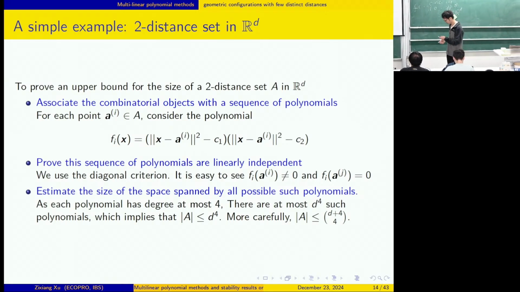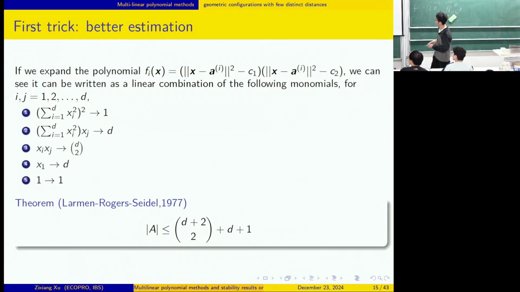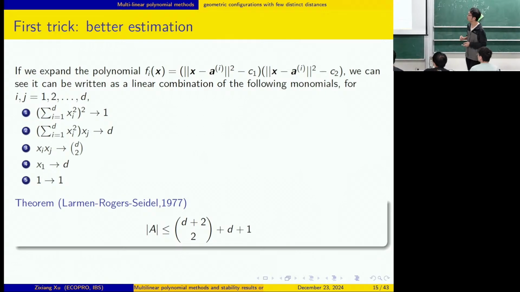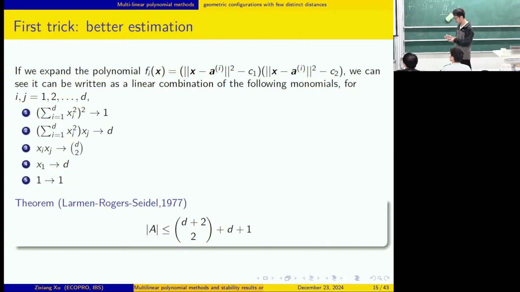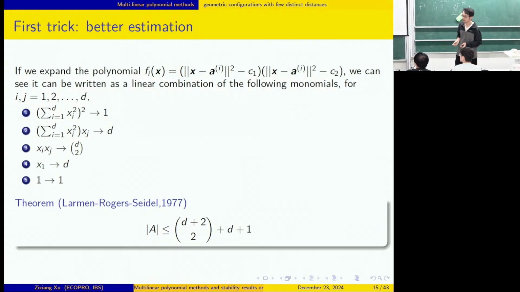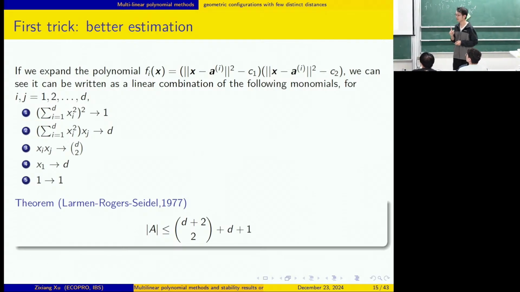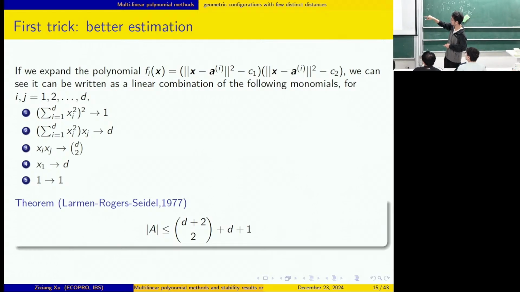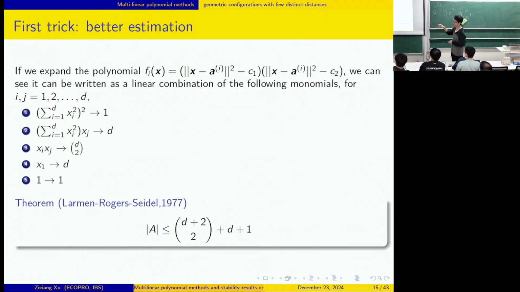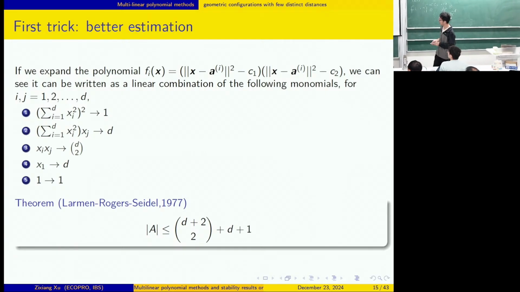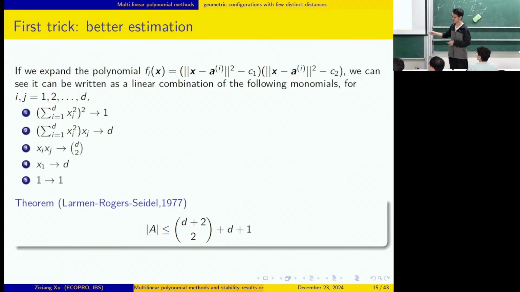But actually, suppose you further expand this polynomial, then you can see that such a polynomial must be a linear combination of the following monomials. There are possibly 5 forms. The first form only contributes 1, and you can carefully count the possible such monomials. Then you will obtain an upper bound in the following form.